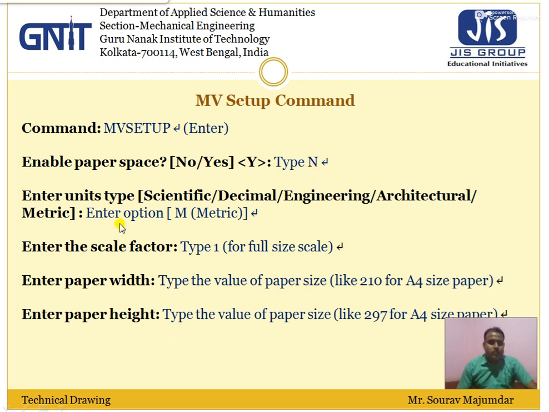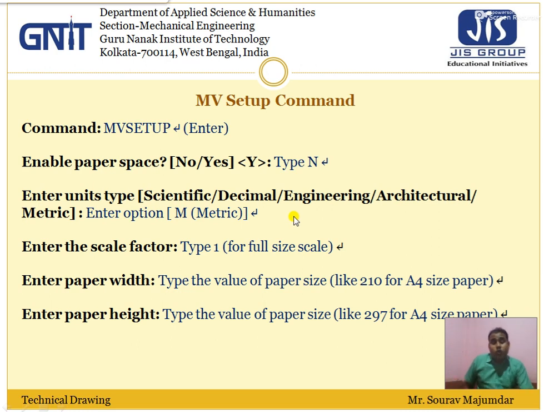Then the next step is to enter the unit type. In this command there are a lot of unit types, like scientific, decimal, engineering, architectural, and metric. In engineering drawing, we generally give our dimensions in millimeters, so you have to go for the metric unit system. For metric, you only enter m, the first letter of the word, and press enter.